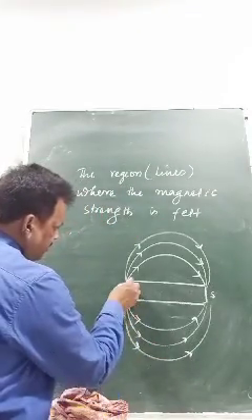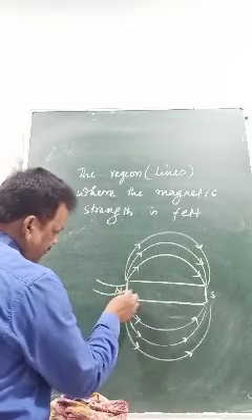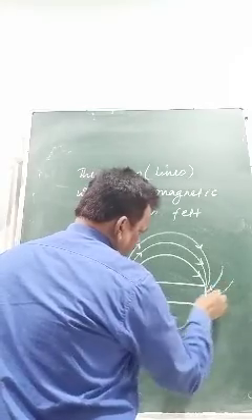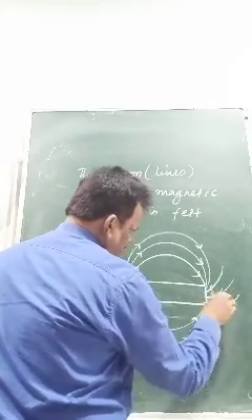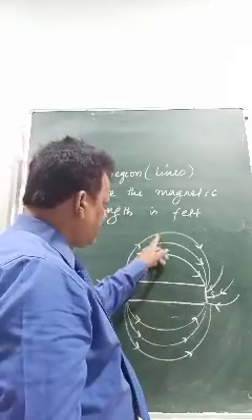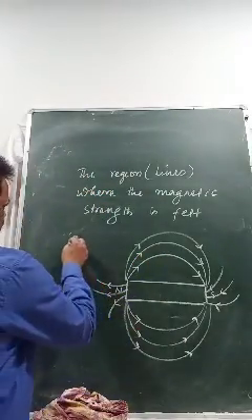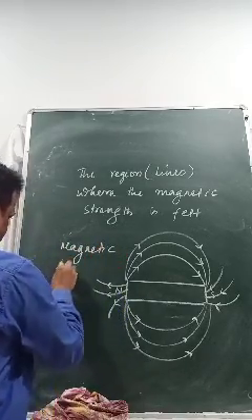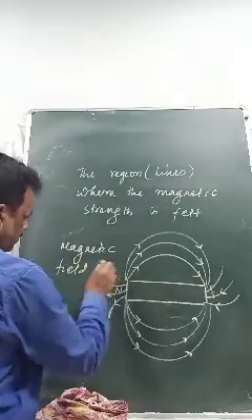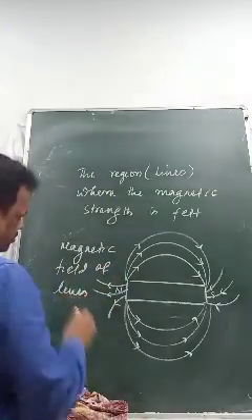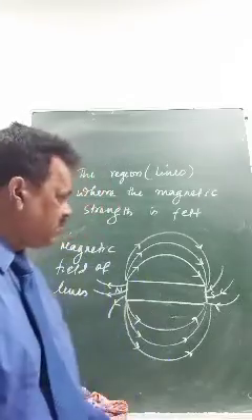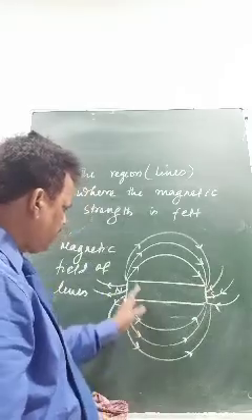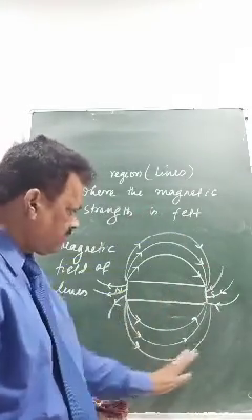Okay, that means it starts from here, like this, and enters the south pole. These are called magnetic field of lines. So magnetic field of lines, you can see here, start from the north pole and end at the south pole. There could be many lines like this.